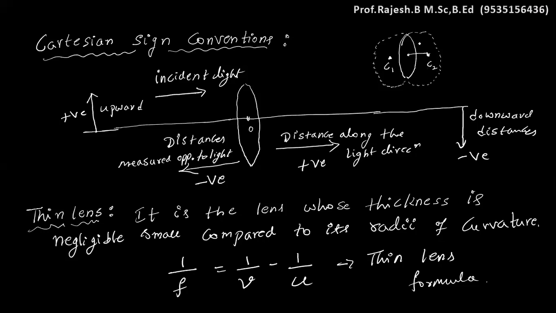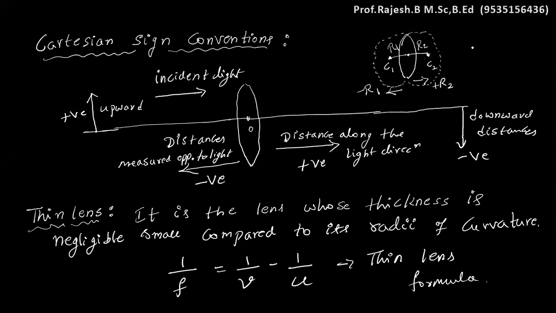And here you will get the radii of curvature R1 and R2. One radius of curvature comes towards the right, that can be taken as plus R2, and one radius of curvature comes towards the left, that can be taken as minus R1. Understand this? So this is the biconvex lens.